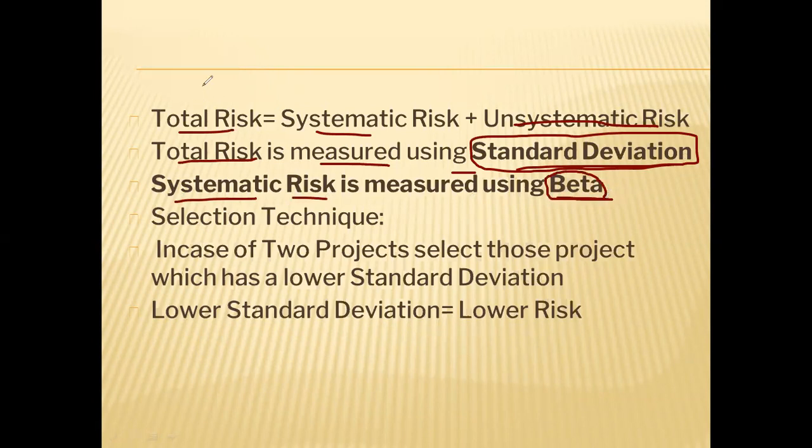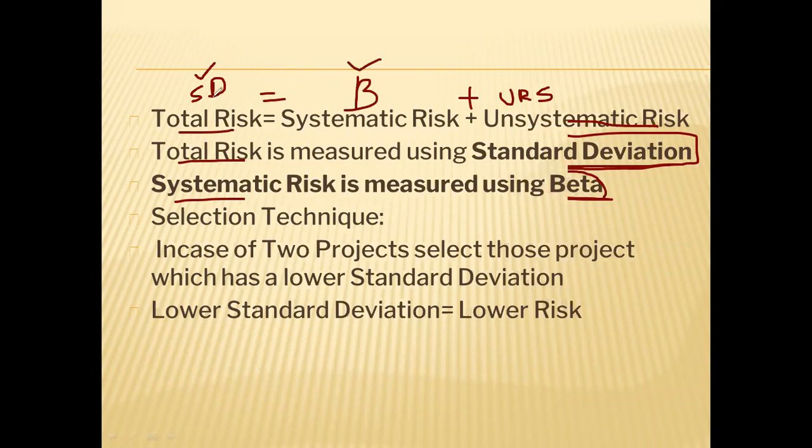So total risk you can call standard deviation, systematic risk will be beta, and whatever is left will be unsystematic risk. So we will calculate the standard deviation and calculate beta. Standard deviation minus beta will be unsystematic risk.